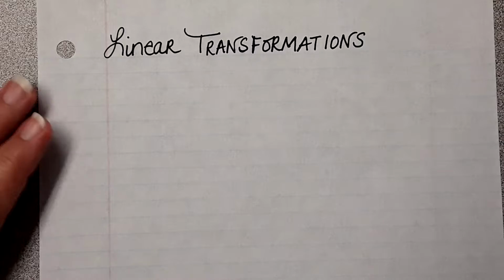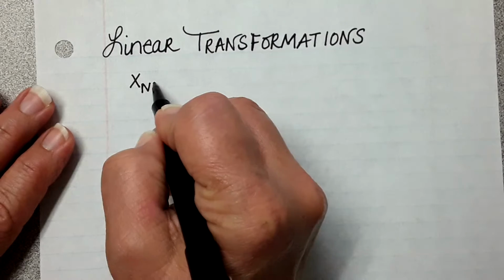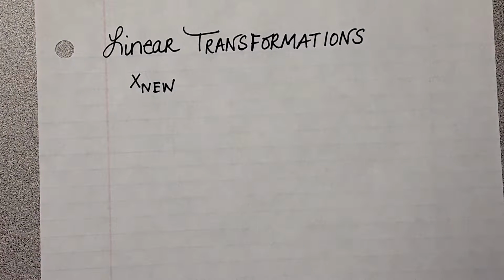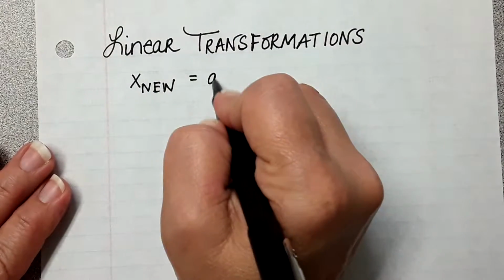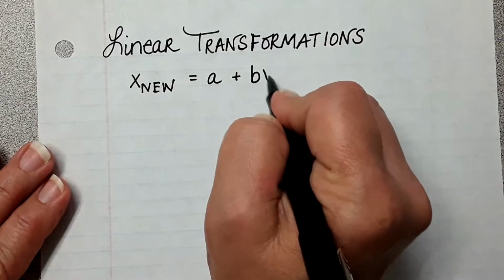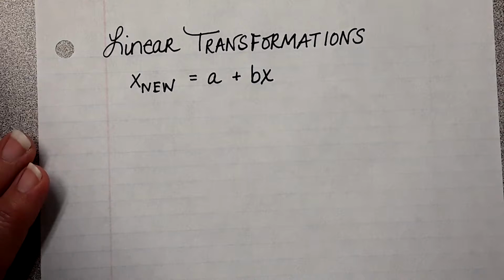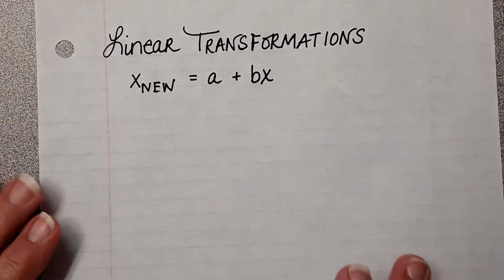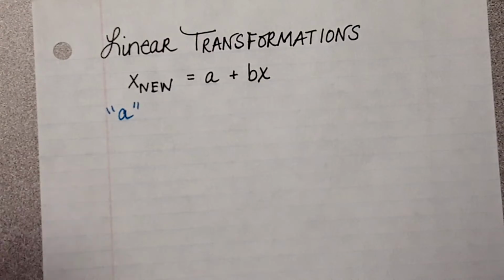So what you need to know is that we'll have x new. This is going to be our new mean, our new median, something like that, okay? Equals a plus bx. What this tells us is that each one of these things does something.